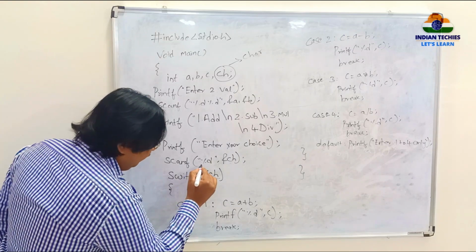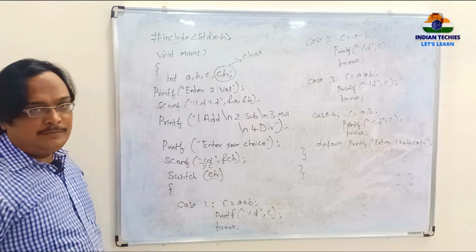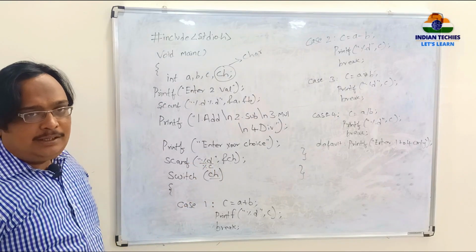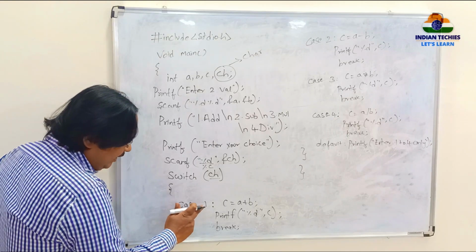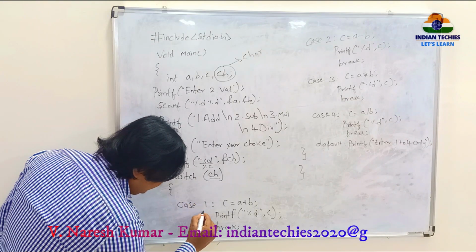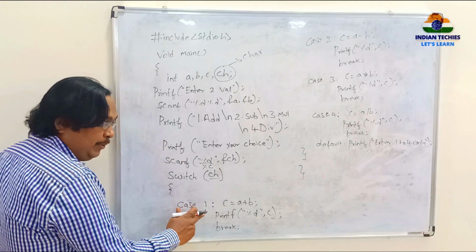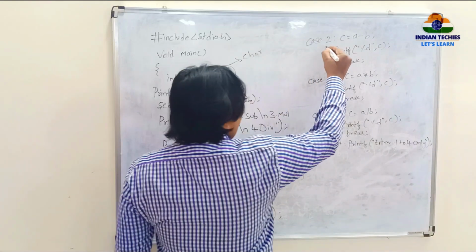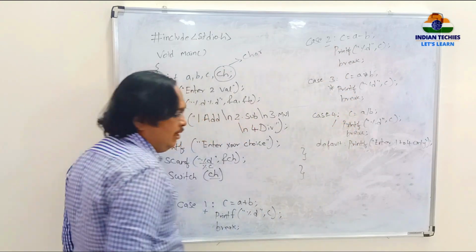Next, instead of %d, here I have to give %c, because for a character the format specifier is %c. Now instead of writing 1 here, I should write the symbol plus. Don't write 1, in its place you write plus. Here minus, multiplication star, division slash.